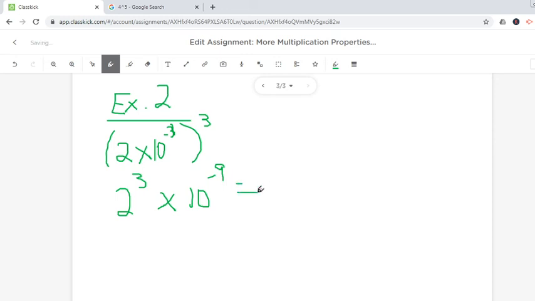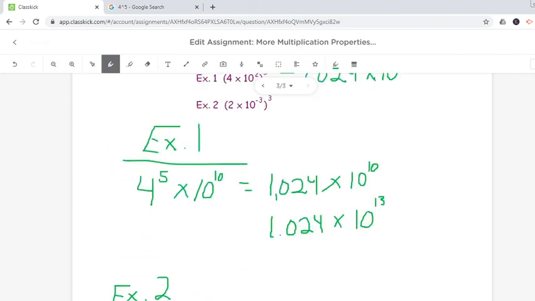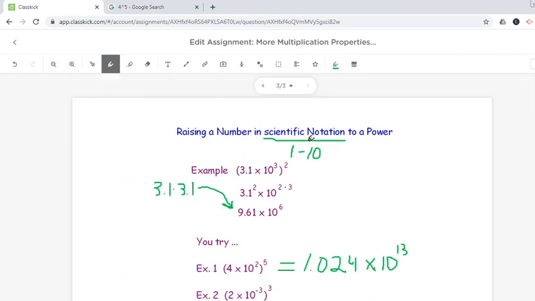And then 2 cubed is 2 times 2 times 2. So that's 2 times 2, 4. 4 times 2, 8. So 8 times 10 to the negative 9th. Okay, and 8 is between 1 and 10.